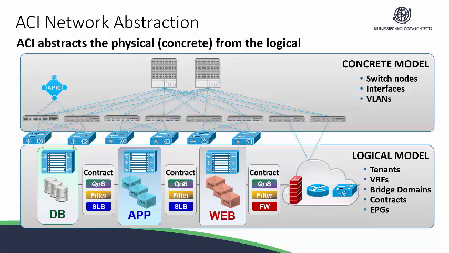Now, the logical model actually extends this down. The concrete model is just the switches. That's all that is. The logical model is the logical constructs that allow us to deploy an entire application stack to the physical network. So what do we have here? We have tenants, which are a container for common applications, groups, or services.